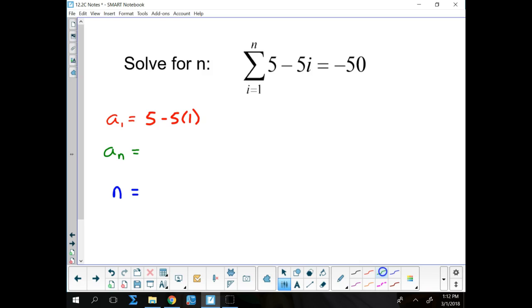What is 5 times 1? 5. 5 minus 5. 0. Yes? Okay, how do I find a sub n? I plug in my n into the rule, right? So 5 minus 5 times n is going to be 5 minus 5n.